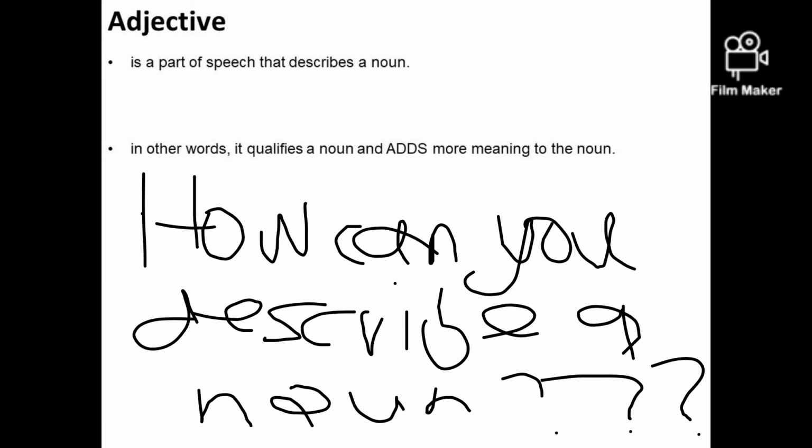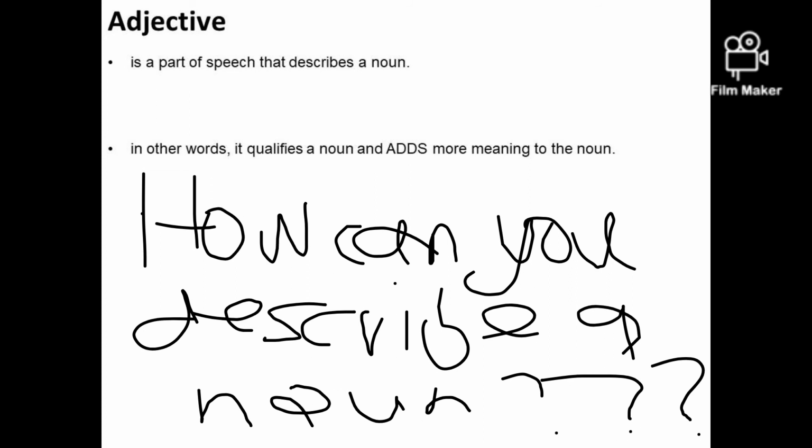How can you describe a noun? A noun can be, for instance, an object, a name given to an object, like the desk lamp. Okay, desk lamp, right? But is it only a desk lamp?